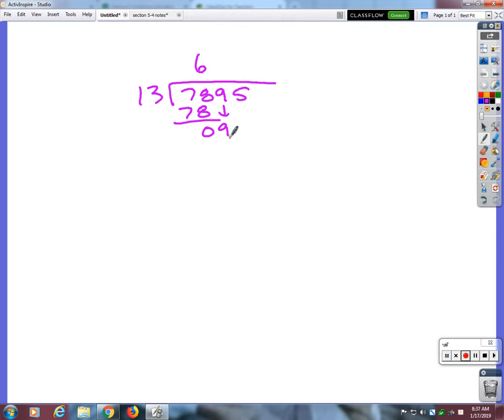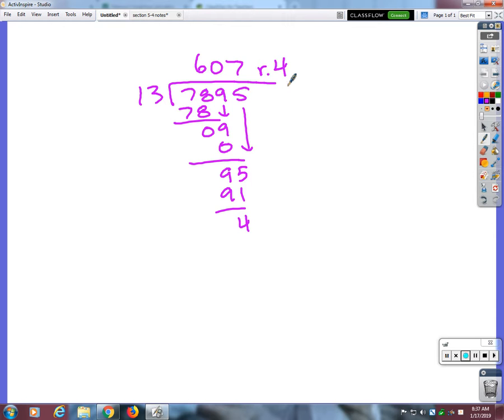How many times does 13 go into 9? 0, so then I bring down the 5 and I get 95. How many times is, what, 7? Not evenly, right? Okay, so 7 times 13 is 91. If I subtract those, I get 4.